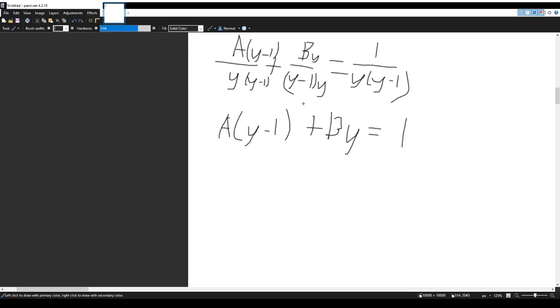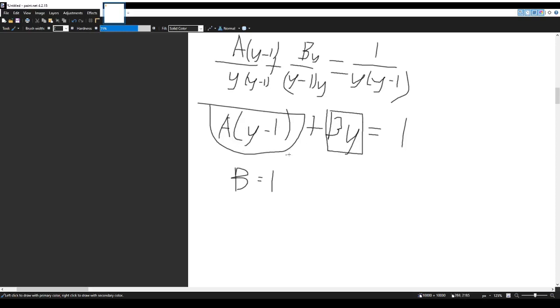One thing we can pick is the value 1, because then this is 0 and we don't have to worry about a. If y is 1, then b times 1 equals 1, so pretty clearly b equals 1. Now if we pick y equals 0, that gets rid of this term, leaving us with just a times 0 minus 1 equals 1.